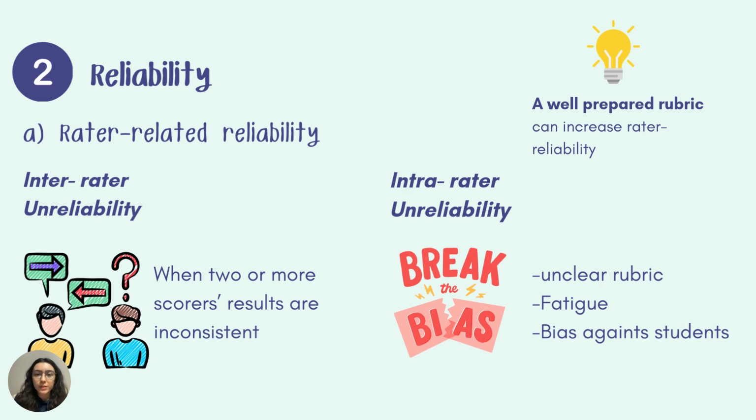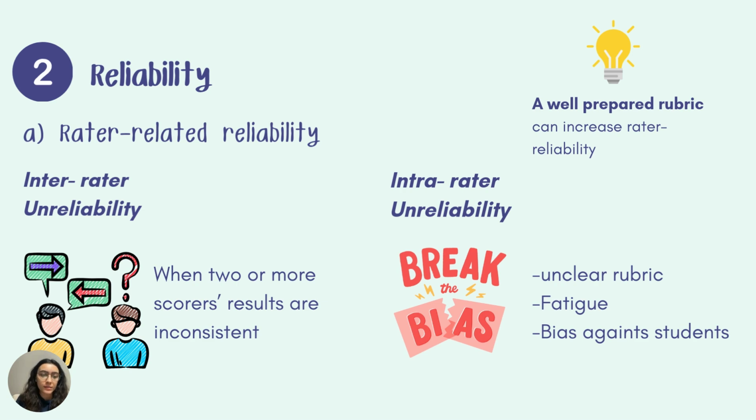For intra-rater reliability issues, the main reasons are unclear rubrics. So they're just evaluating without any rubric. Maybe it's intuition or maybe something else. They're just rating it. And fatigue, if the rater is not feeling well.